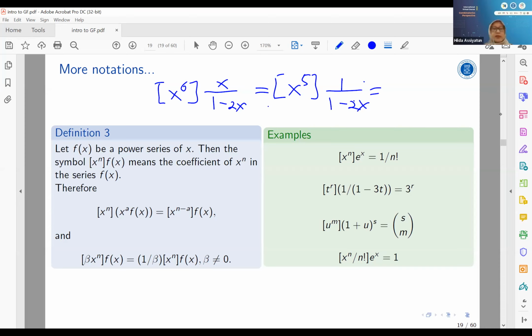I'm waiting for answers from you. What is the coefficient of x^5 of 1 over 1 minus 2x? Okay, this is 2^5. Okta answered the question.